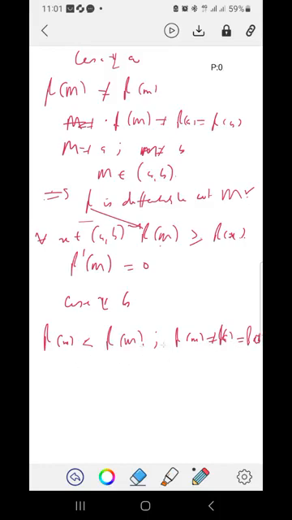So if the height of f(m) is not the same as the height of a, then there's no way you can mistake m and a. It means that m is not equal to a, and m will not be equal to b, definitely. So since a and b are the extreme points, it means that m is between them.